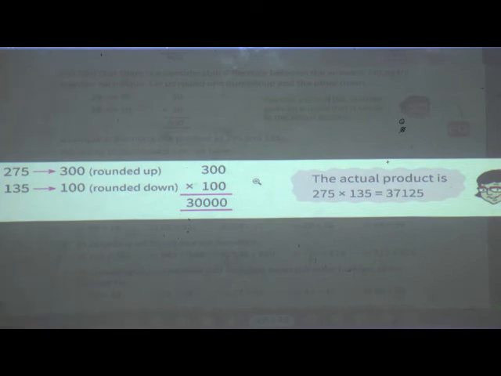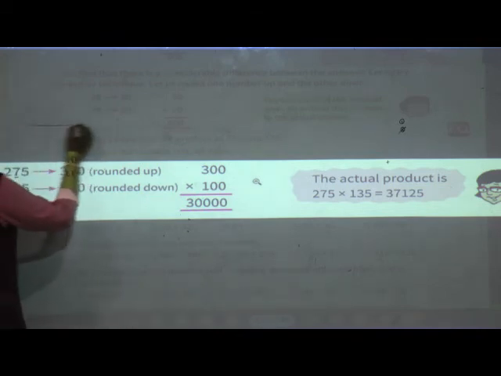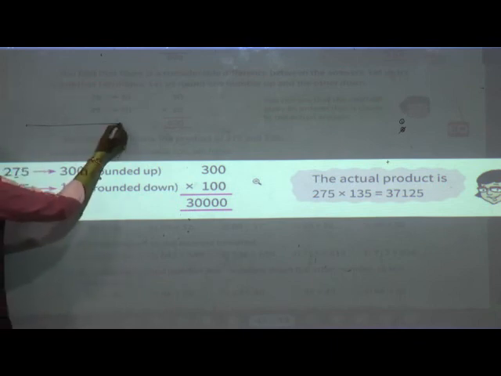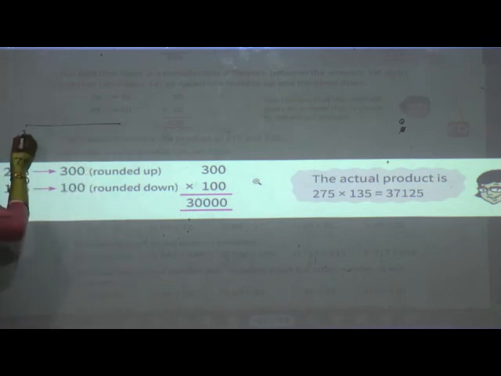Now what is the rule of nearest 100? Whenever we are doing nearest 100, we'll underline the tens place. What is there at the tens place? 7. But here what we are doing, one number should be taken up and one number should be taken down. So where does 275 lie?